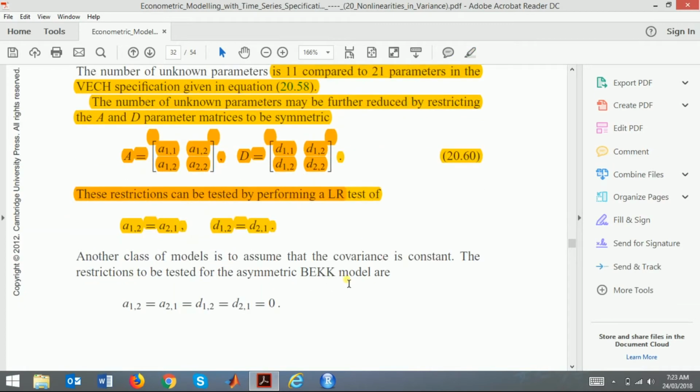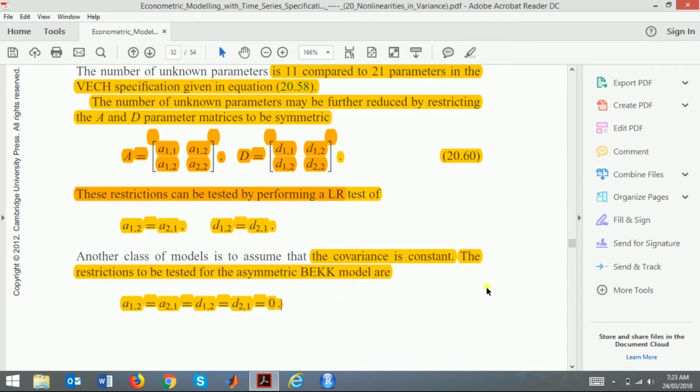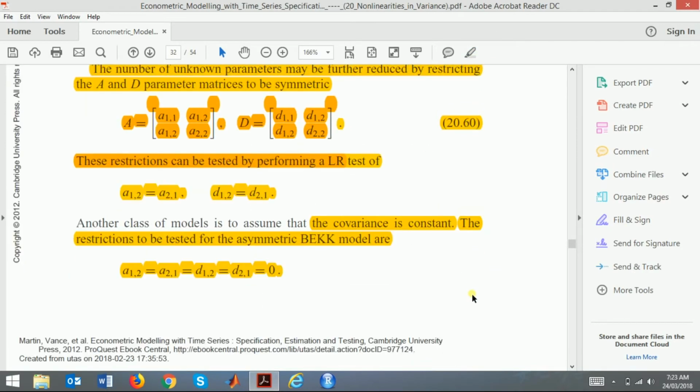Another class of models is to assume that the covariance is constant. Okay, if they're not equal, they can be zeros. In case of asymmetric, when the covariances are constant, the first test is when they are equal, they're symmetric, and if they are constant, they can be asymmetric, but they'll still reduce the dimension. Beautiful thing we learned.